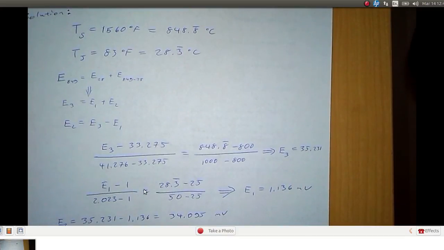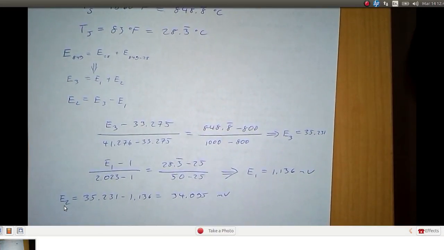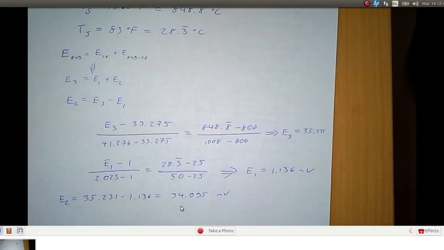So the voltages bracketing 28 degrees Celsius are 1 and 2.023 millivolts. So linear interpolation gives us that E1 is 1.14 millivolts. So we find out that we would expect to measure 34.095 millivolts in this case.